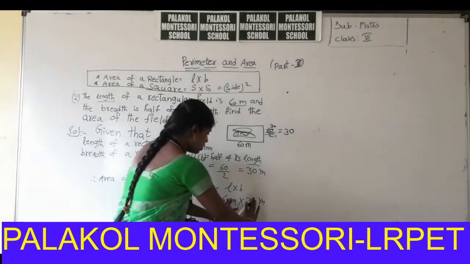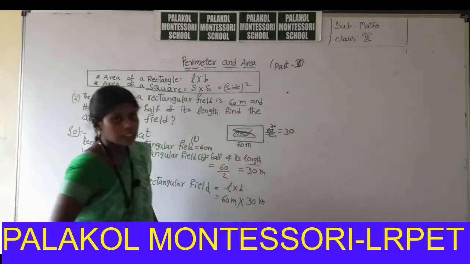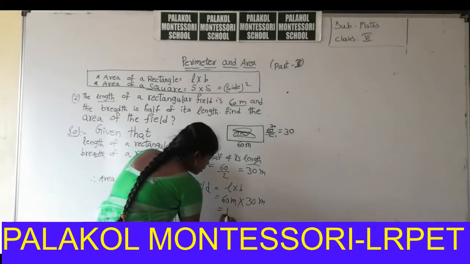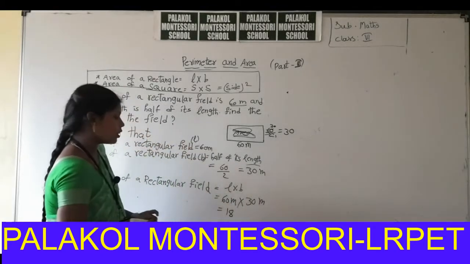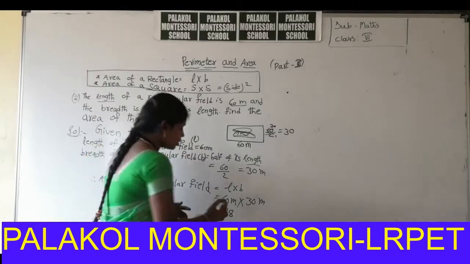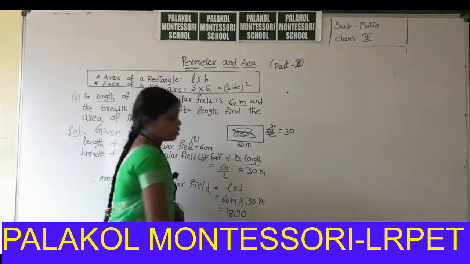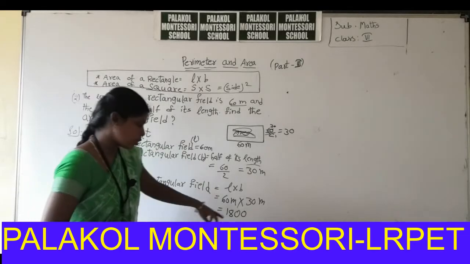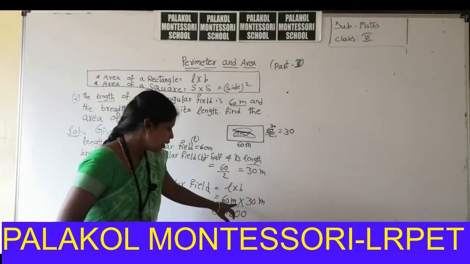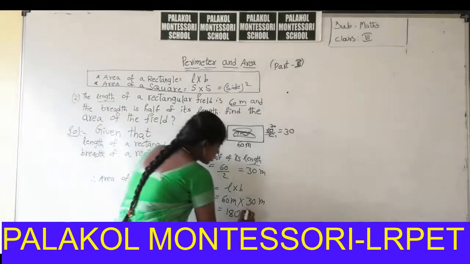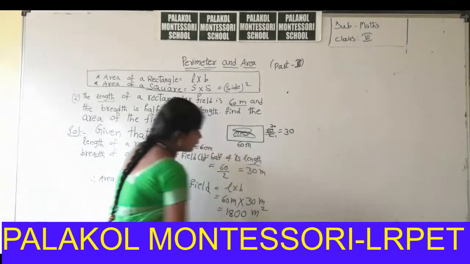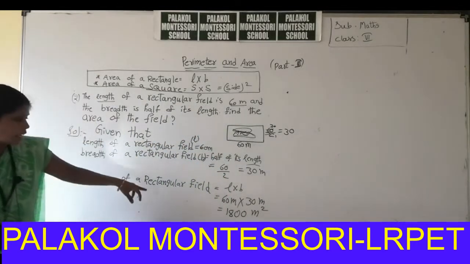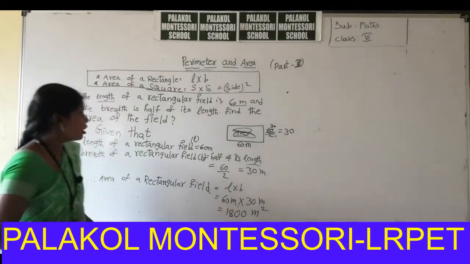So first we can close the zeros. 6 3s are 18. How many zeros are there? 2 zeros are there, so you can put 2 zeros. Meter into meter, meter square or square meter. So this is the area of the rectangular field.